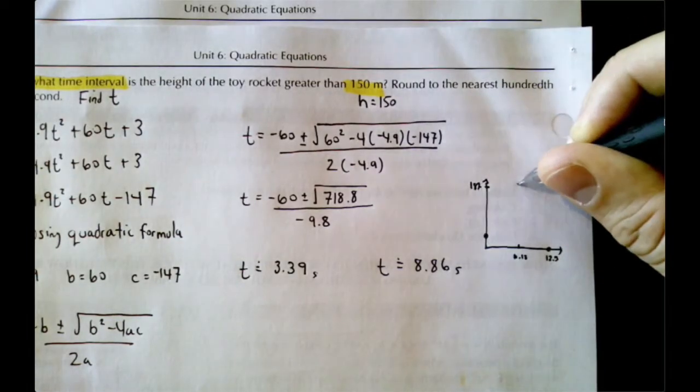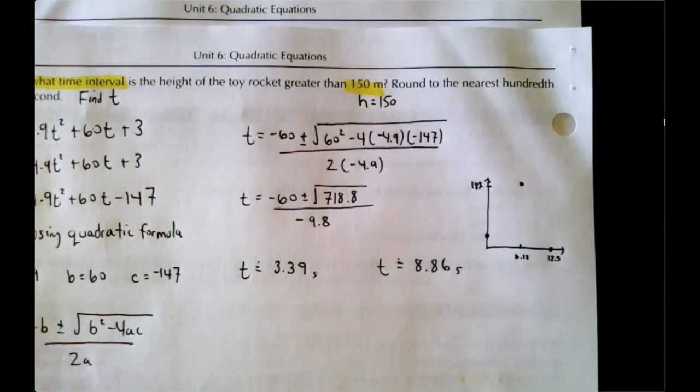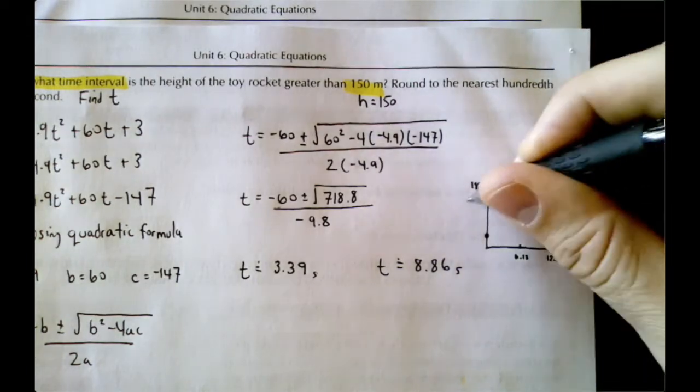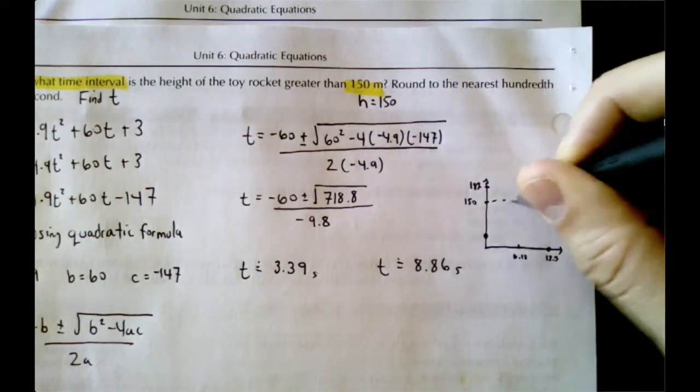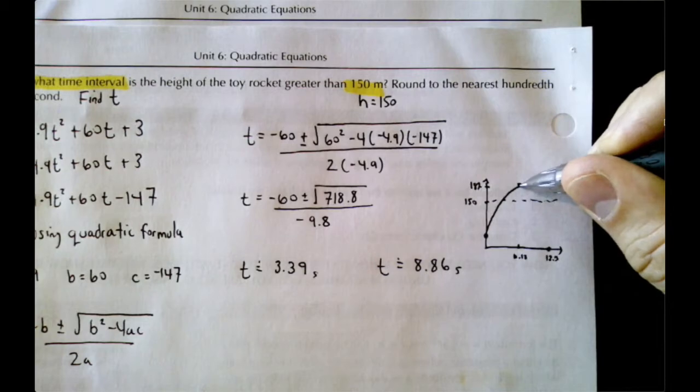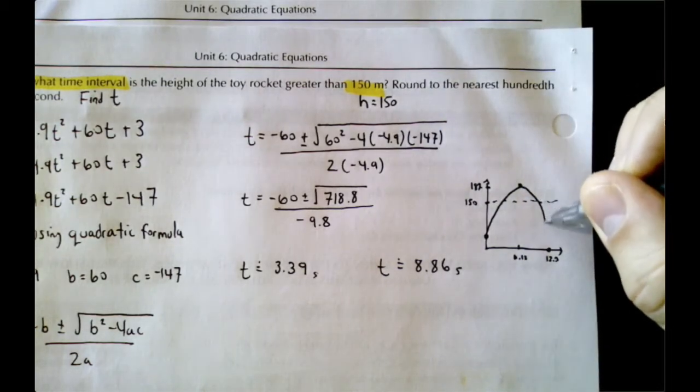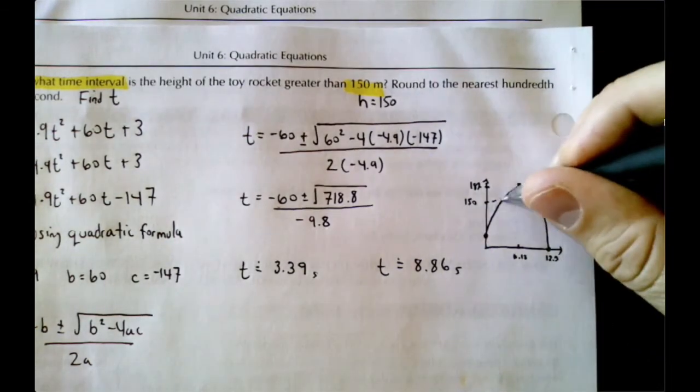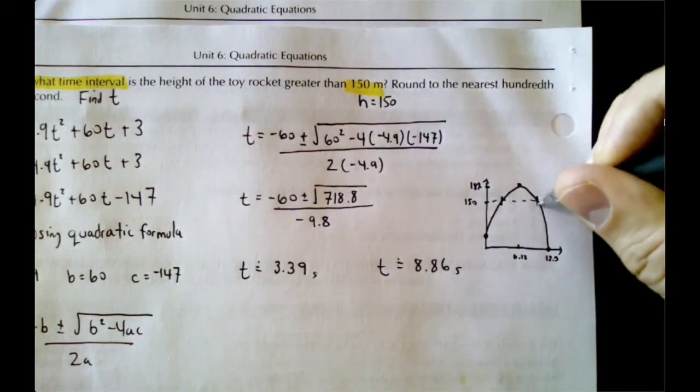So that'll be here. So we want to know when it's over 150. So that's somewhere here. Our parabola goes up, goes to the maximum, falls back down, and then hits 0. So we want to know this time and this time.